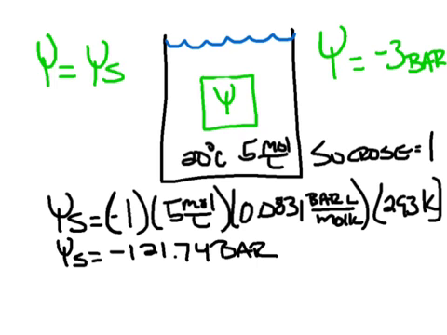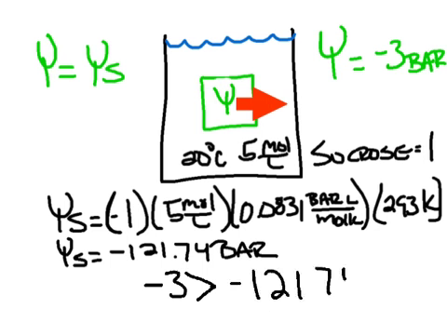So water is most definitely going to move from the cell out, it's a very large arrow, from the cell out into the actual beaker. Because, as we know, -3 is definitely greater than -121.74 for sure. So that's how you calculate water potential. I hope this was helpful, and I'll see you guys soon.